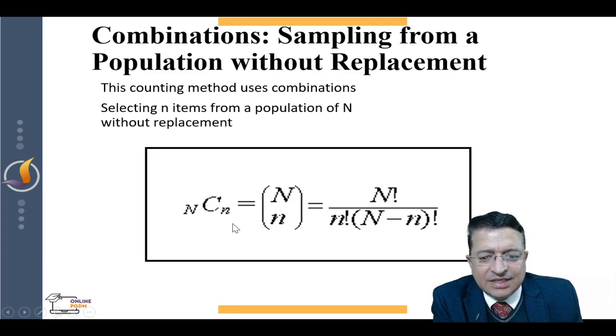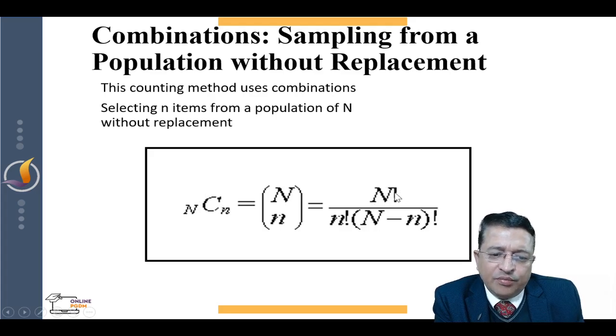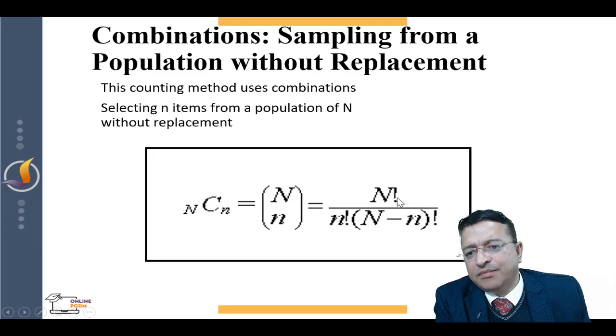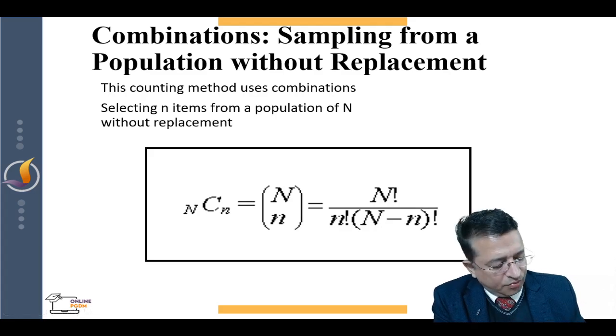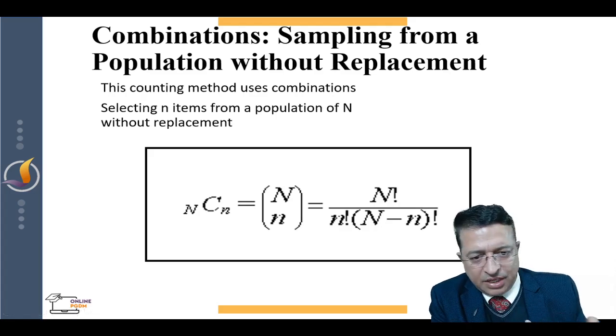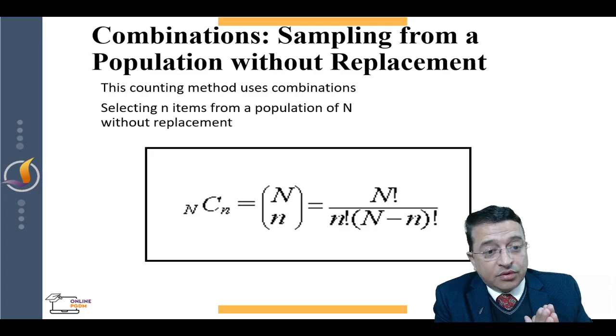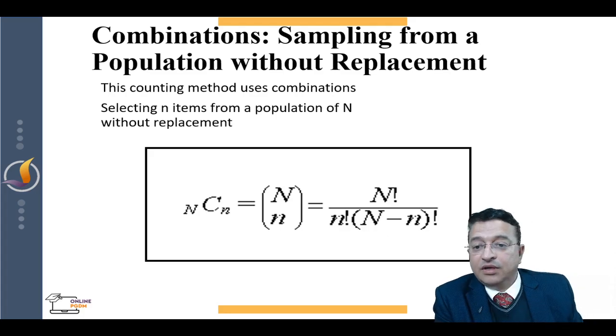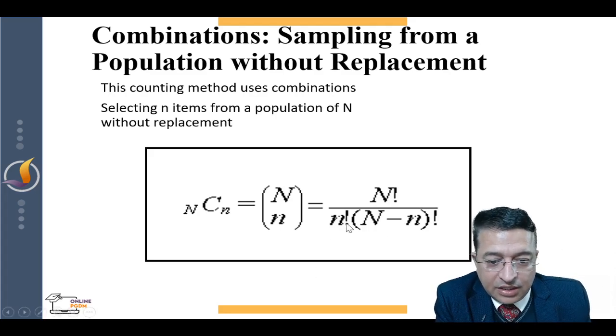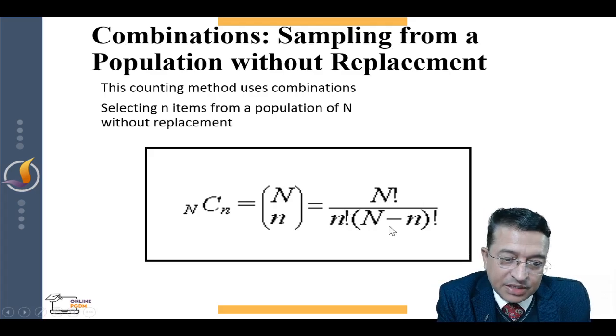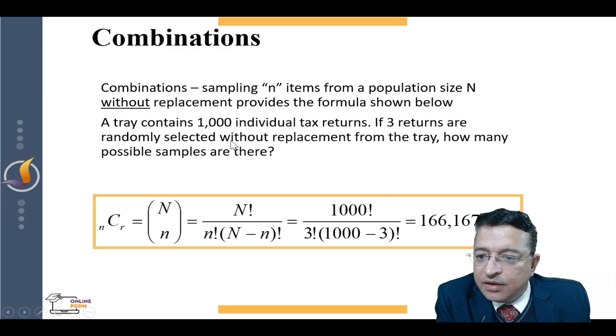That is NCn, and how do we calculate this factorial? For example, 3 factorial is the multiplication of all natural numbers, so 3 into 2 into 1. There would not be 0 in any case; don't multiply by 0, otherwise everything would be 0.